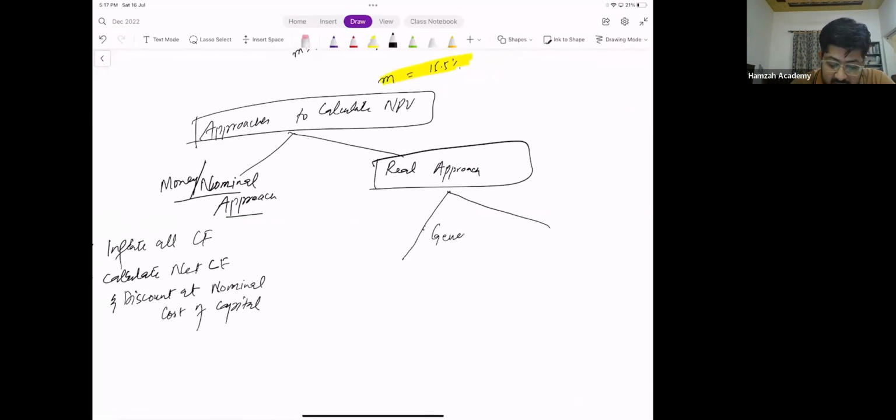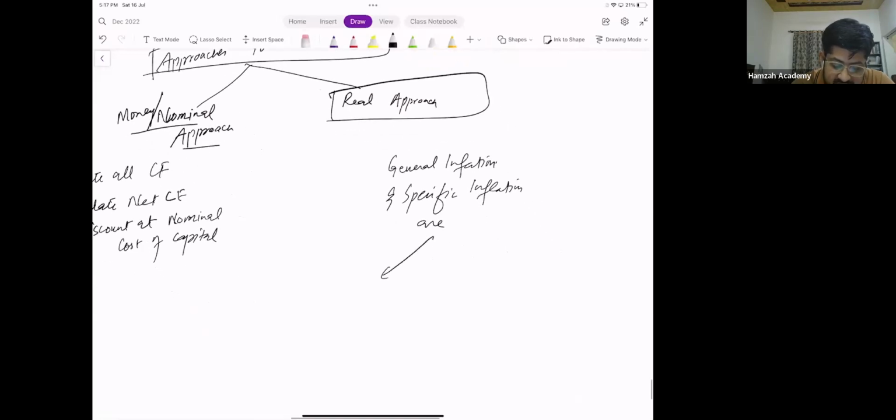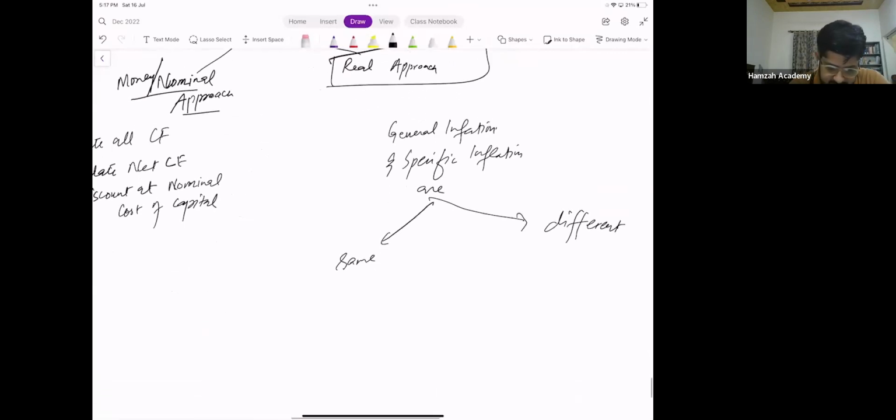General inflation and specific inflation are the same, or different. If they are the same, life is easy. If they are different, yes, there is some mess.